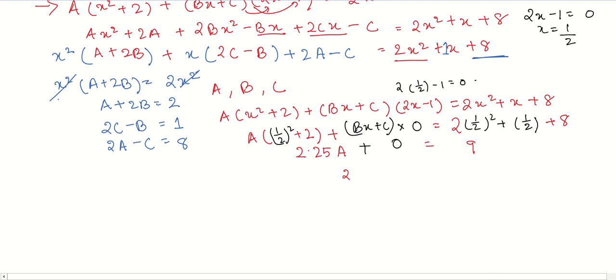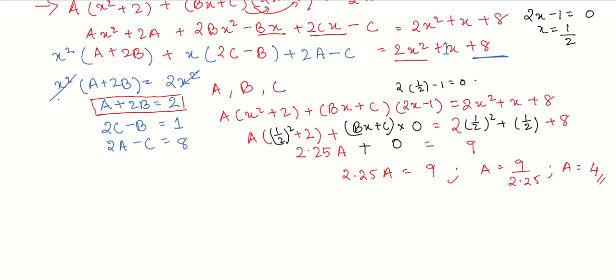So we have 2.25a equals 9. a equals 9 divided by 2.25, so a equals 4. Okay, so we have right now a equals 4. Now the equation that we found before, we're going to use that right now.